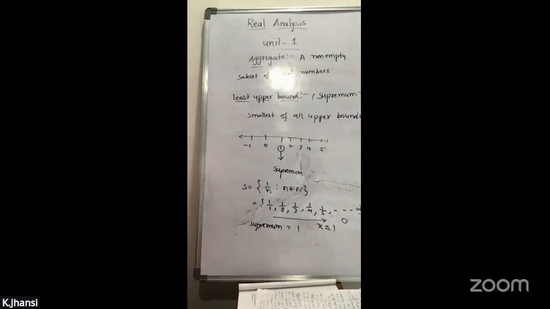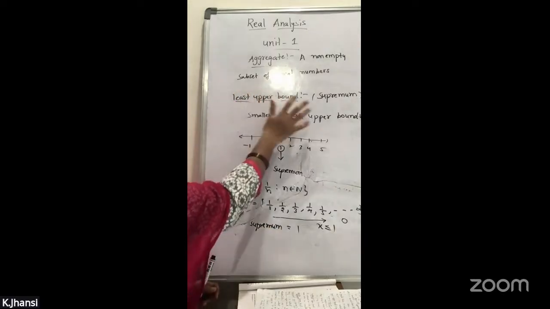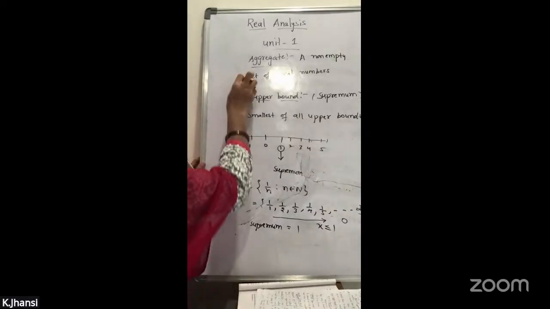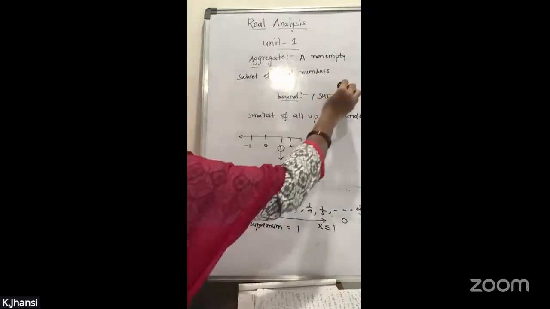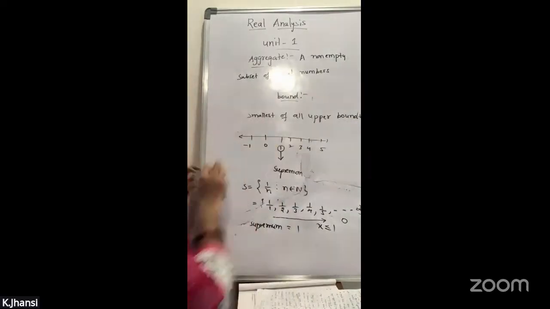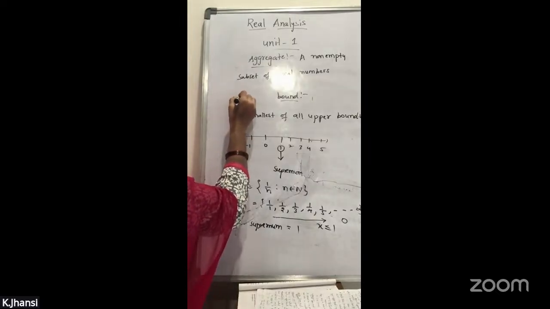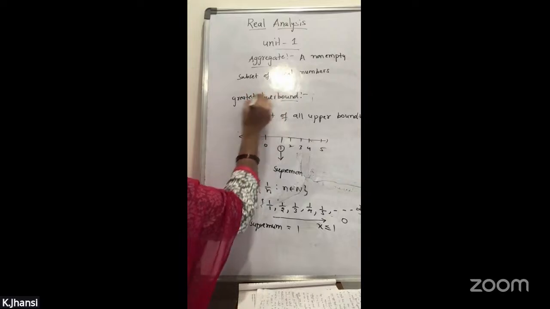Okay. The greatest lower bound is called the infimum.